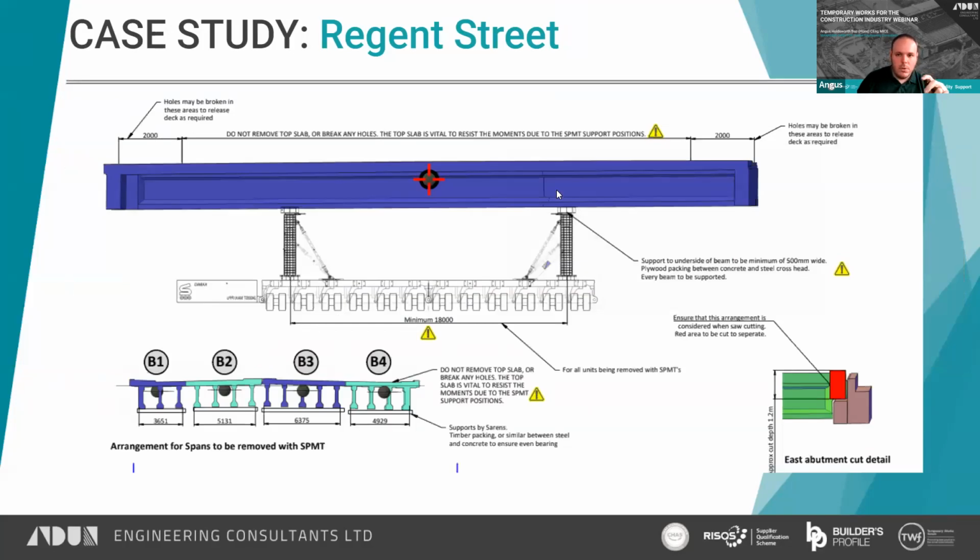The proposal was to take out the central span with SPMTs, in 2 phases of the work, B1 and B2, and then B3 and B4 the following year.